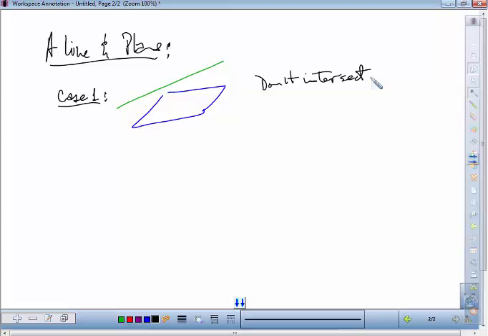How can you show that a plane and a line don't intersect? What has to be true for a plane and a line to not intersect? Yeah? John? You take the cross product and you find an orthogonal vector.